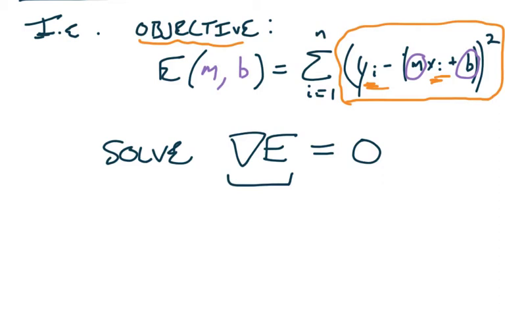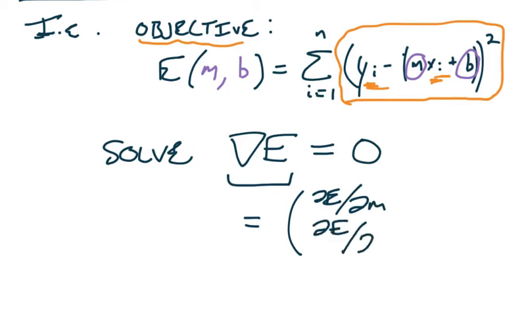So take a few minutes, try to write out the gradient of E. And remember that this should be the partial of E with respect to M, partial of E with respect to B. So it's only a two-dimensional vector, even though there's a ton of data flying around in the definition of E itself. When all is said and done, this should only be a two-dimensional vector. Okay, so take a little while, work on that before you start the next video.